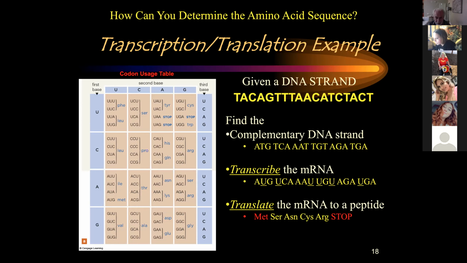So that's how you go from DNA to a protein, how you can figure out what the amino acid sequence is if you know the DNA sequence. Make sure you understand this, not only from looking at it, but make sure that you can do it yourself. You will be asked to at some time.